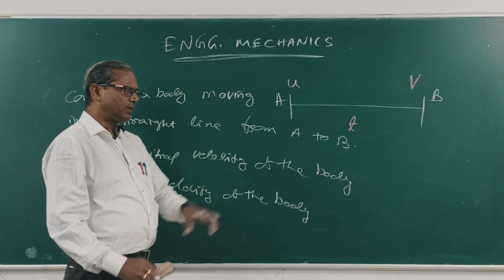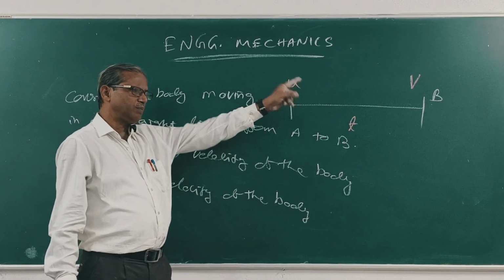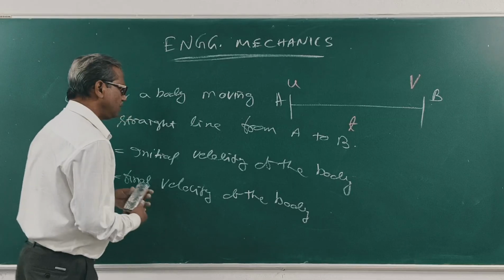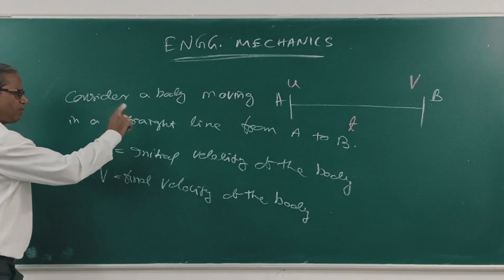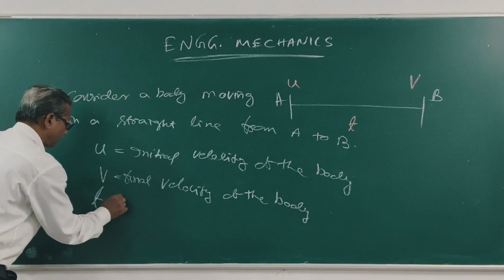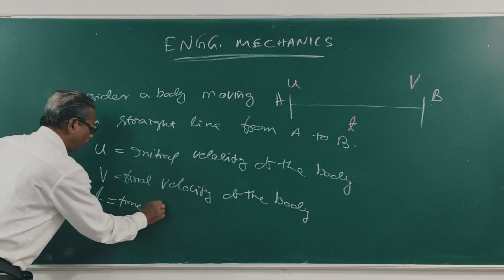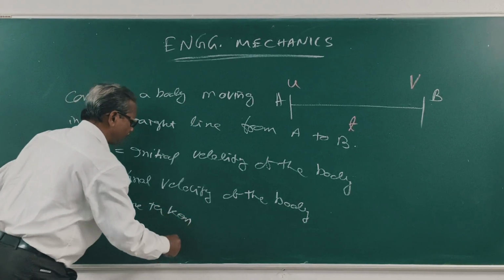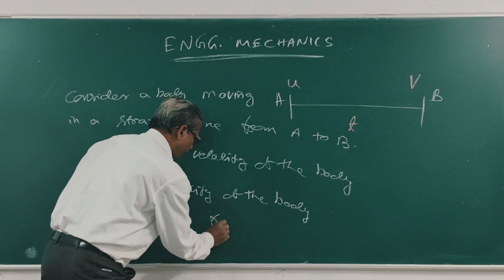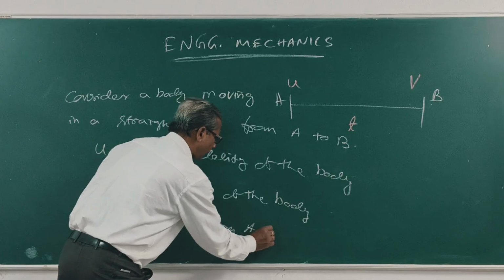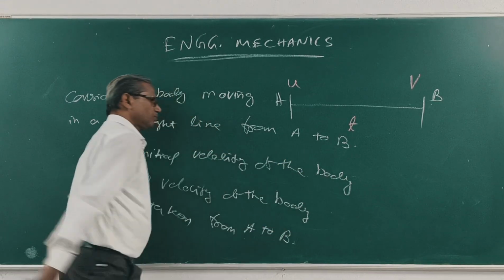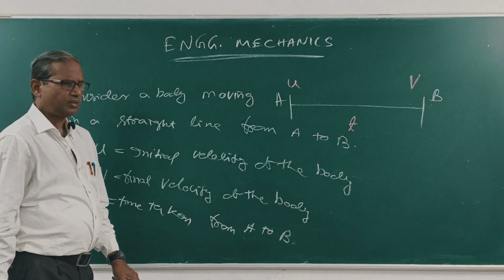Clear? U initial velocity, V final velocity. T is equal to the time taken from A to B. Clear?